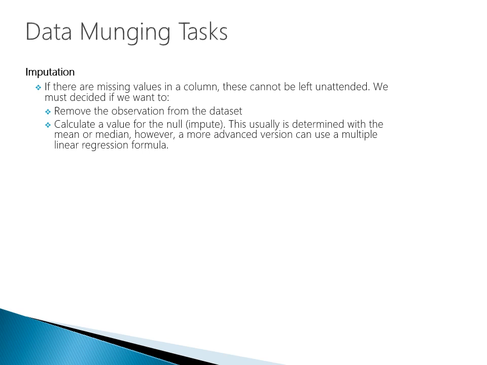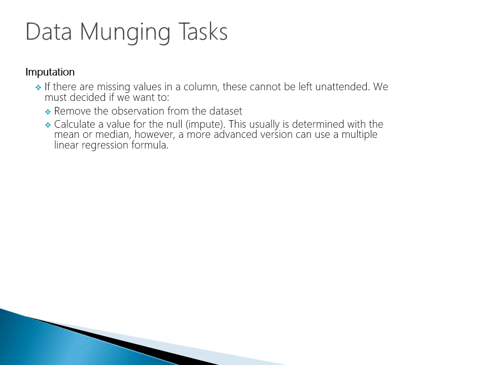Another would be to calculate a value for this null, which is imputing. This usually is used with a measure of dispersion, such as mean or median. Typically, you'll see the mean. I've actually seen some successful approaches that get a little deeper, that actually draw from linear regression formulas, which to me is great.